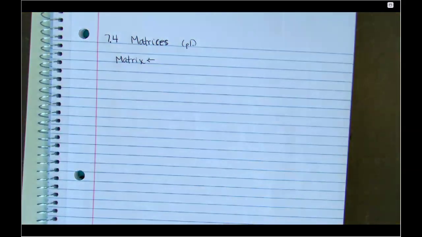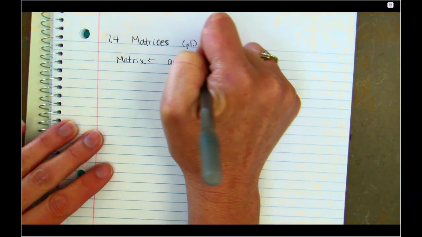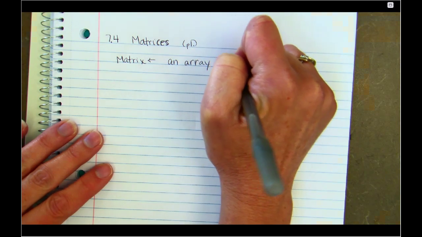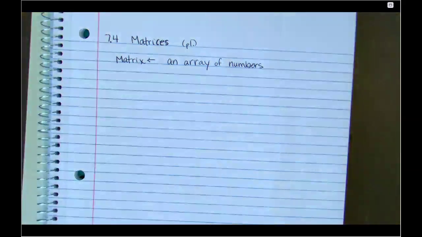Okay, so the definition of a matrix is not a very helpful one. It's an array of numbers. Okay, they are in a particular order. It's basically the mathematical version of a spreadsheet. So if you've used Google Sheets or Excel, it's like a spreadsheet.